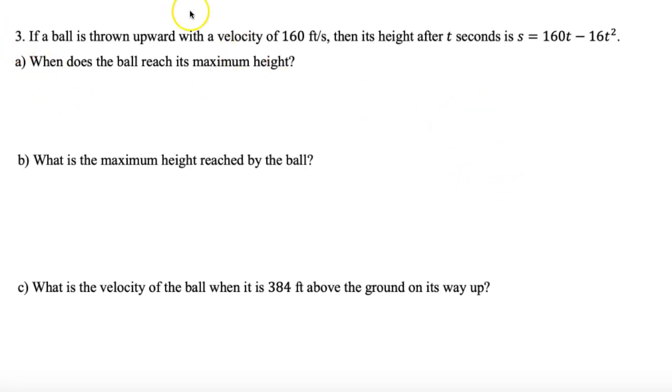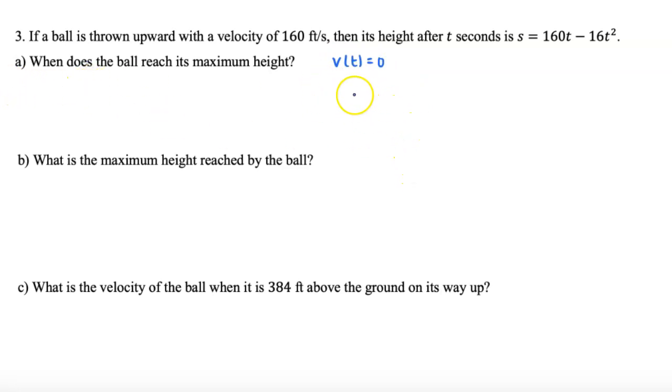And so to find when the ball reaches its maximum height, I'm setting the velocity equal to 0. That's going to be the maximum height.